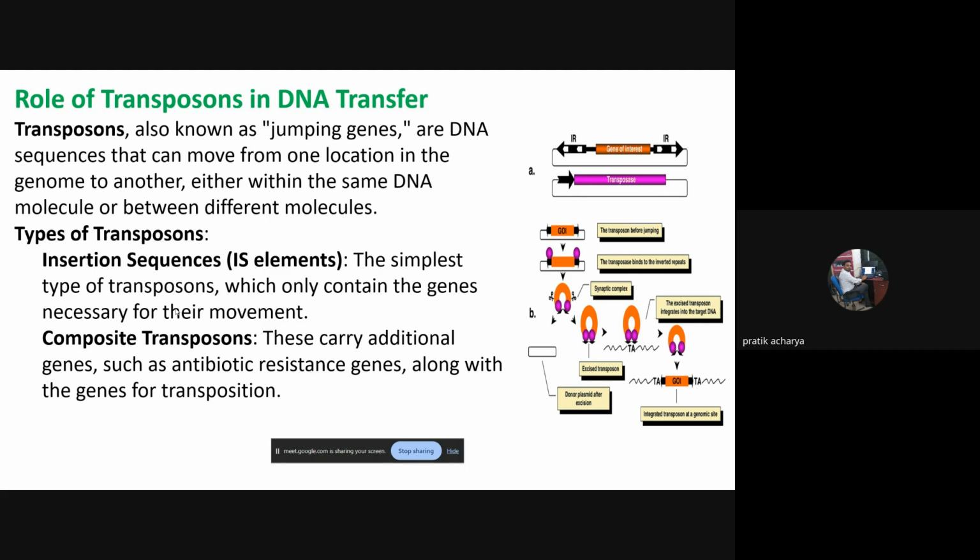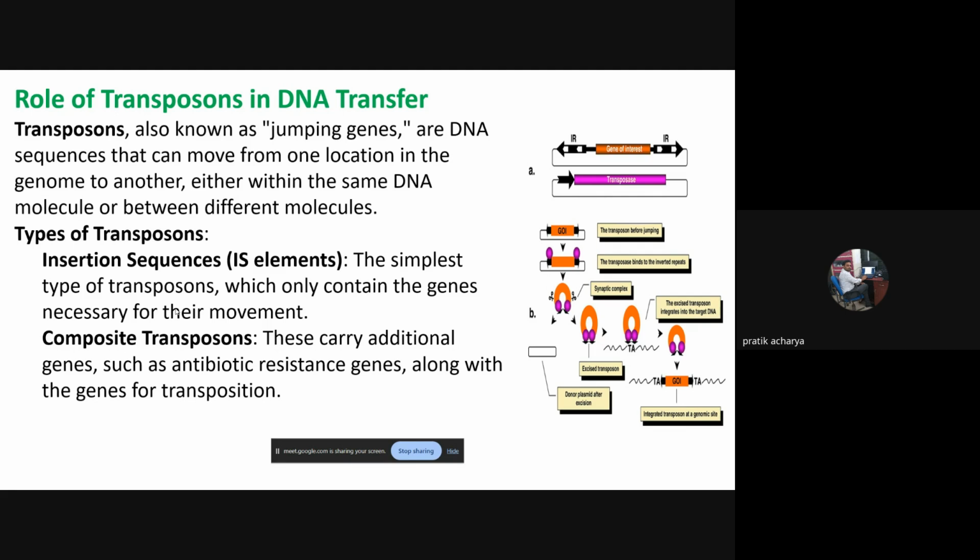If a single location contains a particular fragment, and on the next day the other location contains the fragment, that means there is change. Transposons are responsible for that change that leads to the process of evolution.